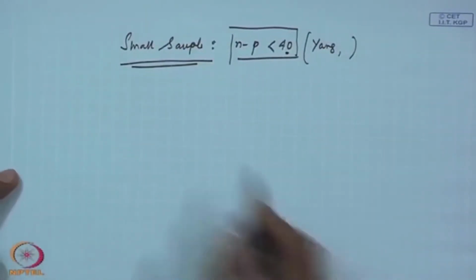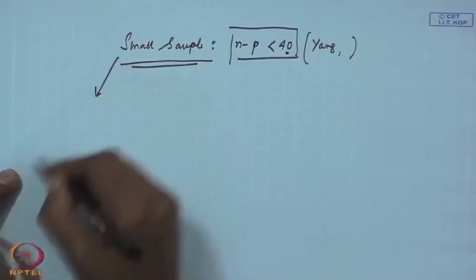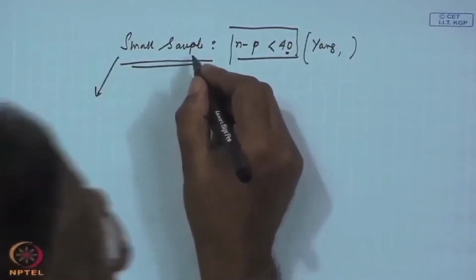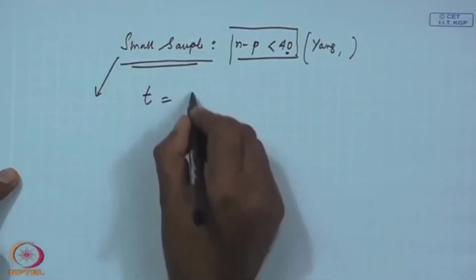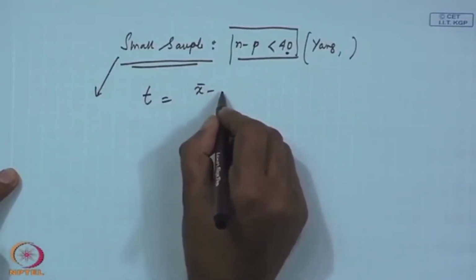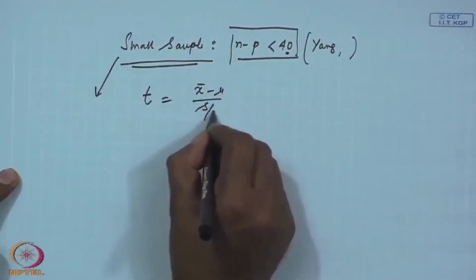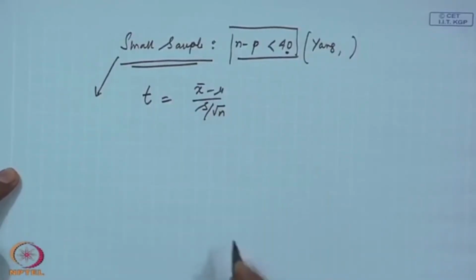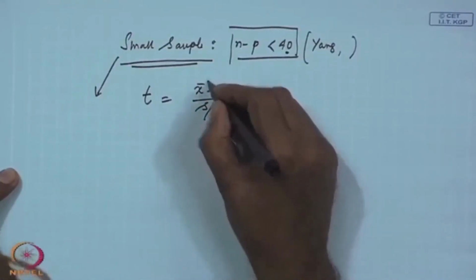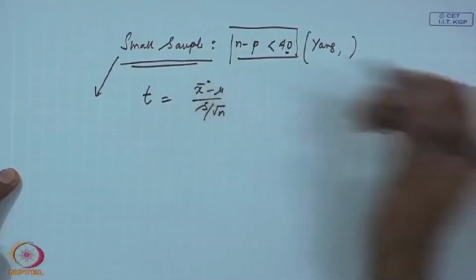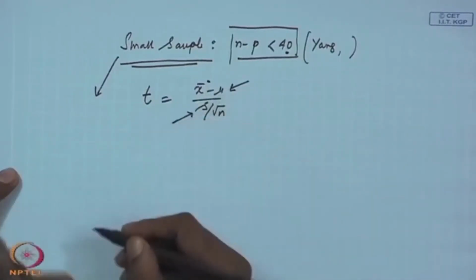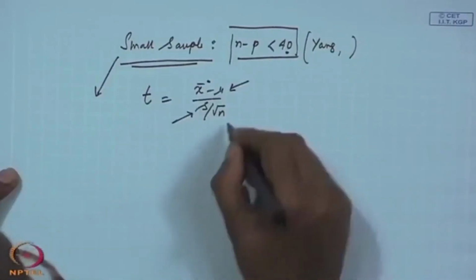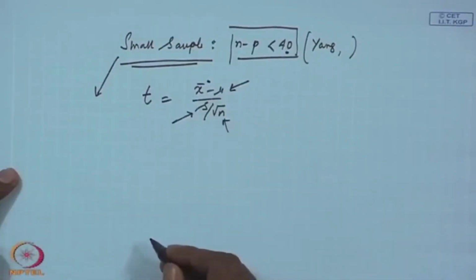What we have seen earlier is that in the univariate case, when your sample size is small, you use the t distribution, t equal to x bar minus mu by S by root n. Here x bar is the sample mean, mu is the population mean, S is the sample standard deviation, and n is the sample size.